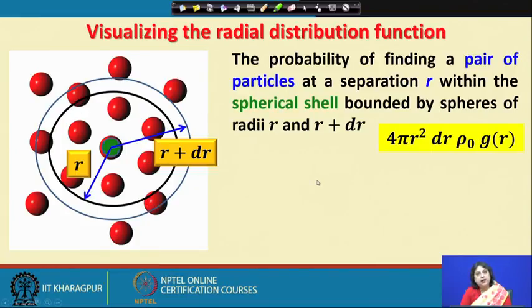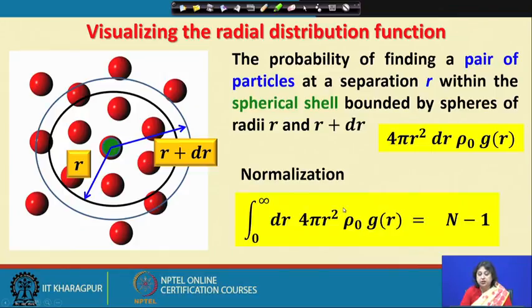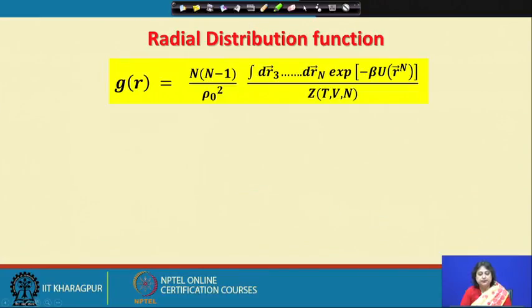This must be given by 4 pi r squared rho naught into G of r in a system where the particles are interacting. Once again, this is a probability distribution function which should be normalized, and if I integrate over all possible values of r, then I must retrieve N minus 1. Why N minus 1? That is because I was counting the number of particles, skipping one particle already at the origin. Therefore, I must retrieve N minus 1 when I do the normalization.